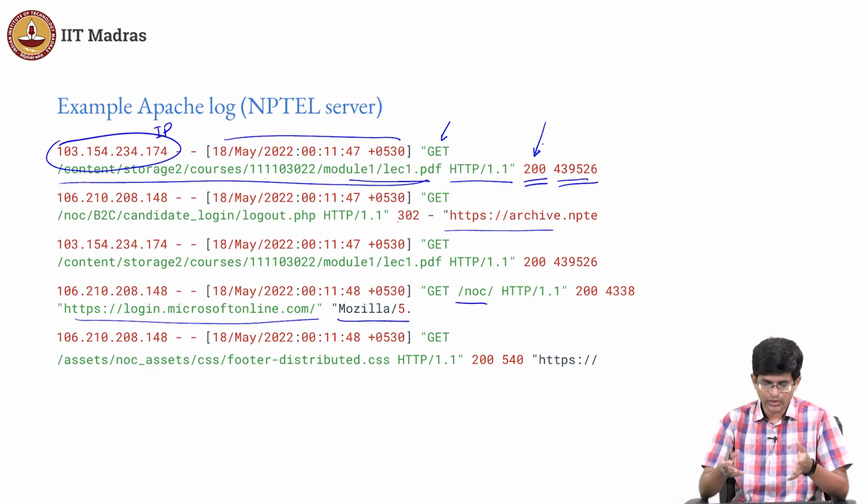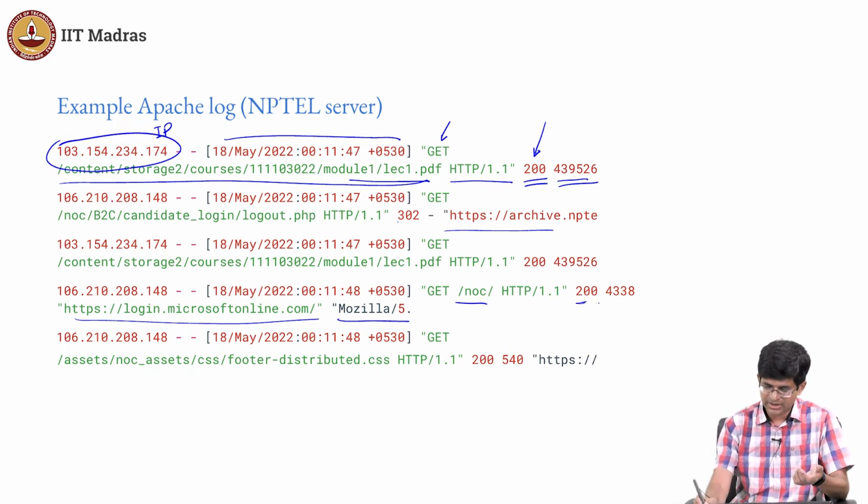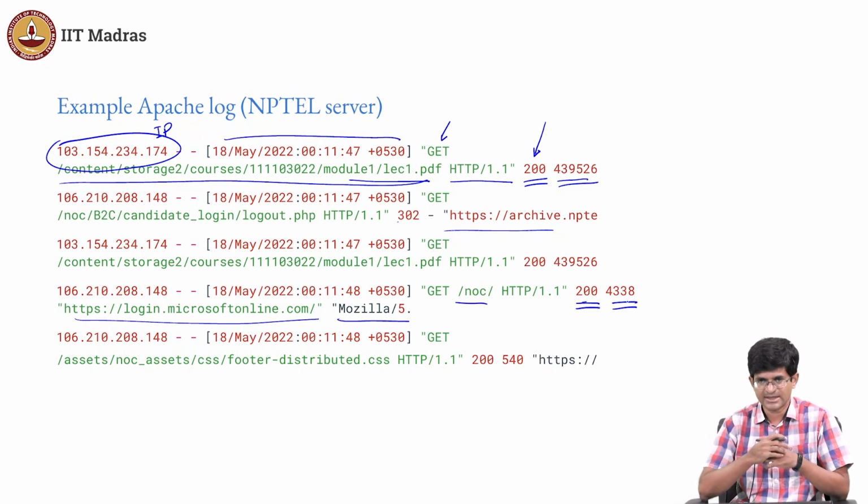You could also use something like JSON or some kind of structured format to actually give meaning to this data. So the fact that this 200 is an error code and can be only one of a few different values, and this number should always be an integer, a number of bytes, and it has to be non-negative. Certain kinds of properties you can associate with each of these things will make it easier to validate whether these logs are actually useful or not.